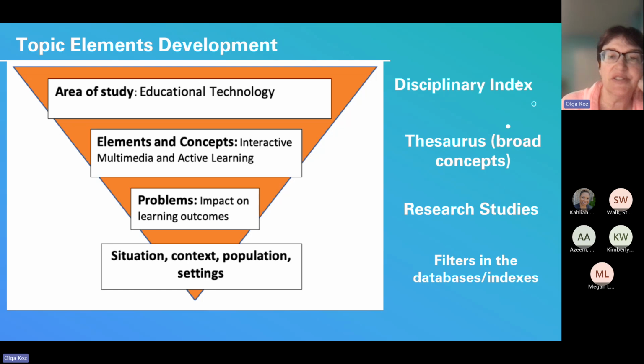So let's see the structure of a typical topic. Sometimes the topic is quite visible in the title of a research study. That's the traditional way. Your topic is kind of spelled out in the title already.